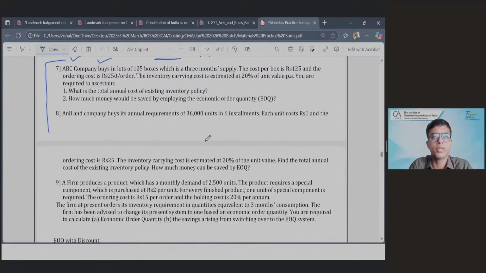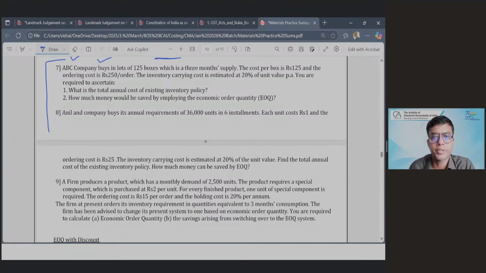Now if you see the exam questions, they are on similar lines, right? Let me take a question which is slightly different. Okay, language. ABC company buys in a lot of 125 boxes, which is 3 months supply. See, now all these are language adjustments. So right now the reorder quantity as per the company is 125 boxes.